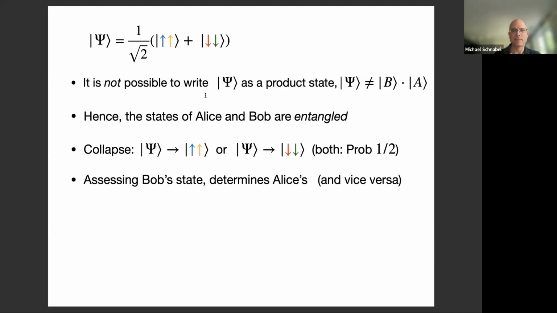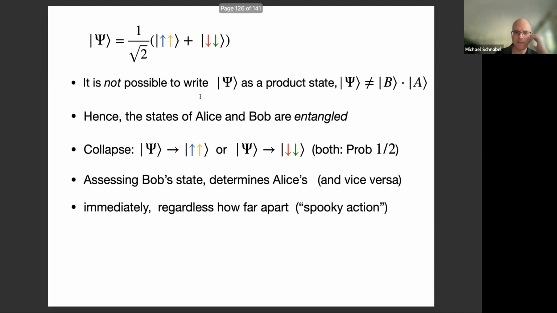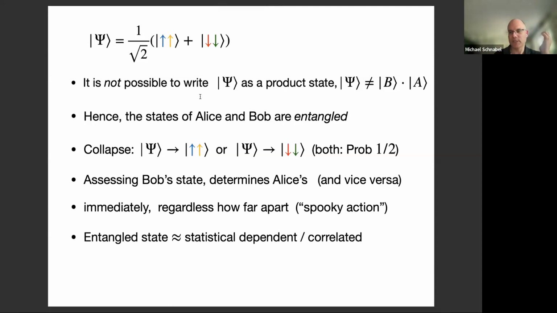So this is the difference between correlation and entanglement. It's very subtle. This would be the spooky action because there's a quantum collapse involved, according to the Copenhagen interpretation. According to other interpretations, this is just a pseudo problem.